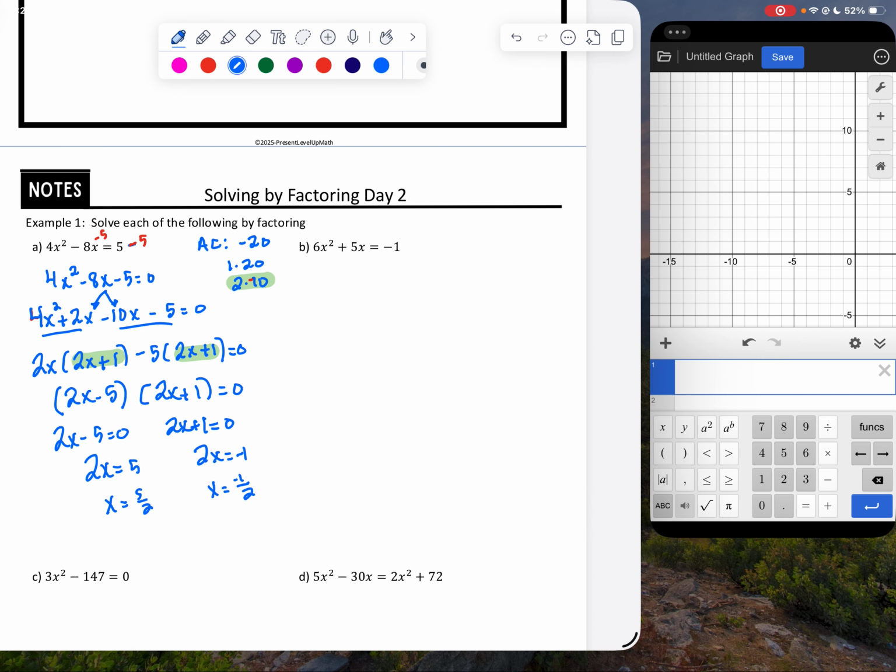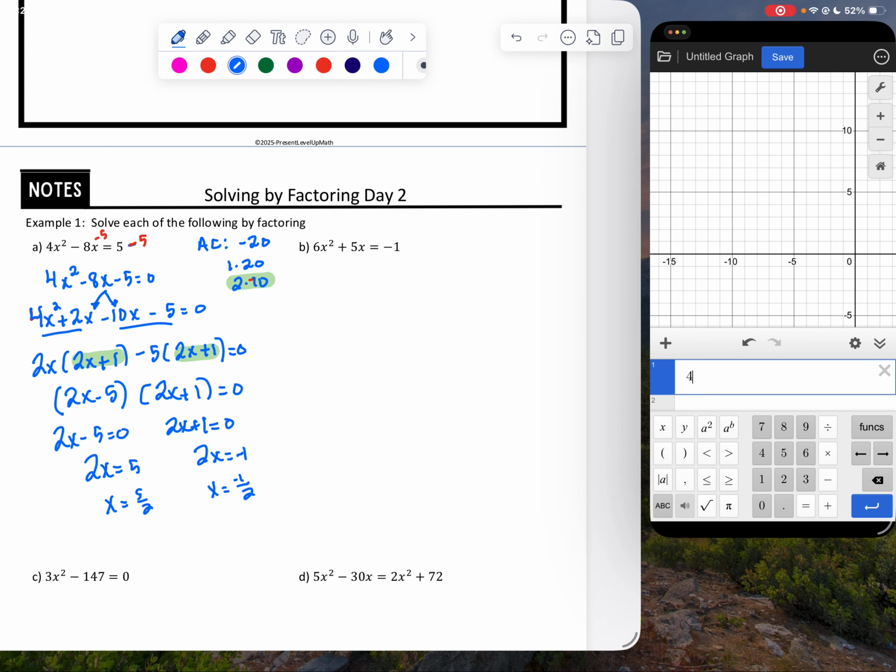Now, it's important that you check your answers because it's very easy when you're factoring to make a sign mistake. For instance, instead of using 2 and negative 10, maybe you use negative 2 and positive 10, which would have given you an incorrect solution. To check it, you use your original equation, and everywhere you see an x, you replace it with your solution.